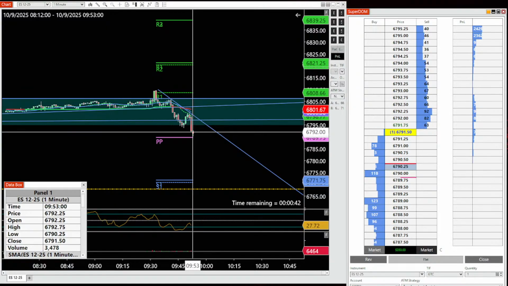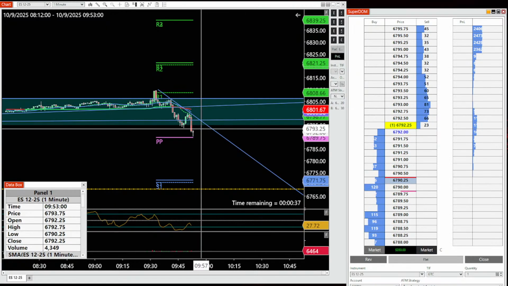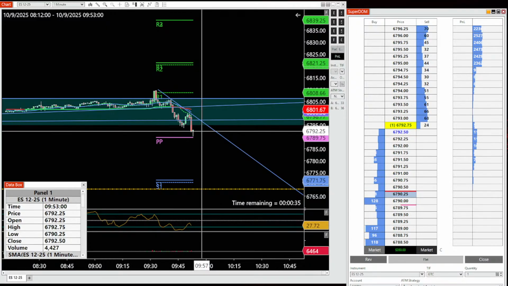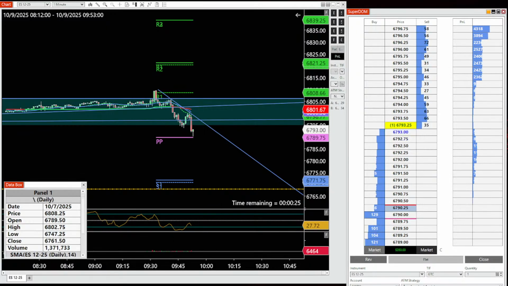We made a quick dump to 89. To the pivot. Made it to the pivot.